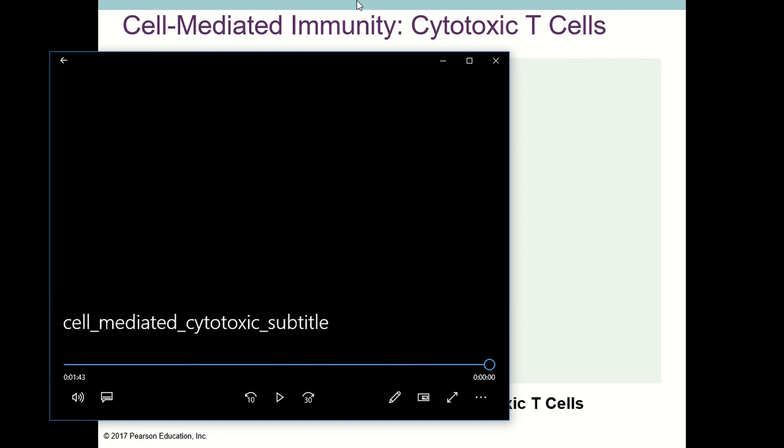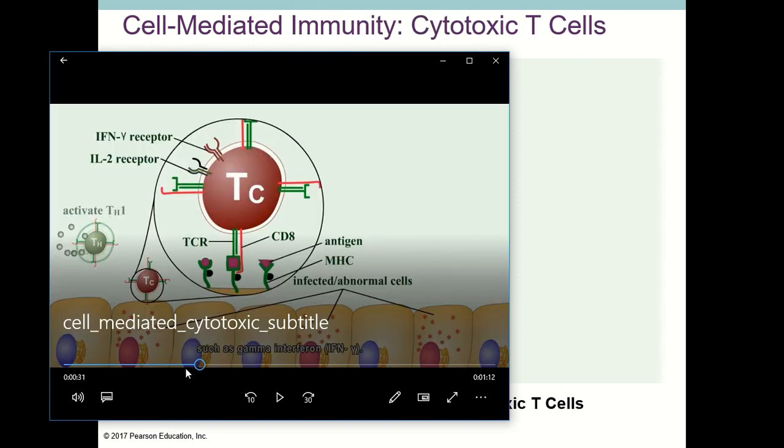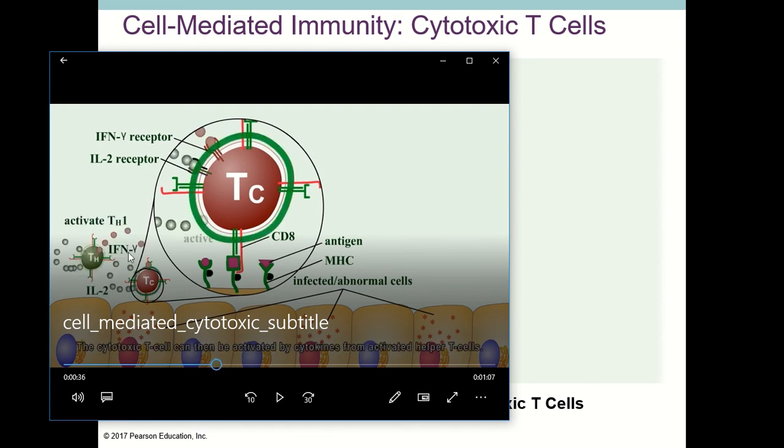Alright, so a few things to address here real quick. First and foremost, INF stands for interferons. So INFs are interferons. These interferons are highly specific for viruses.